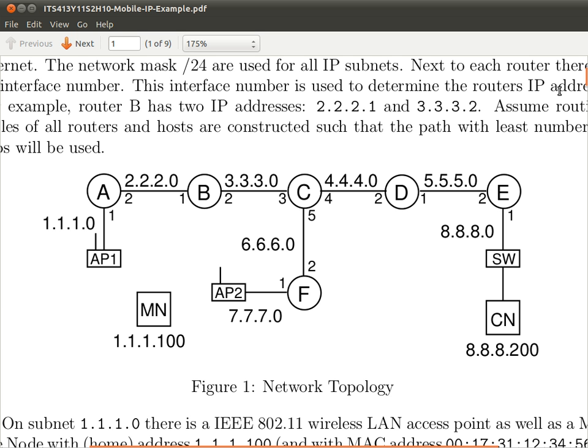It removes the outer header. So when the foreign agent receives this, it removes the outer header, since it was the destination, sees the inner header, and sees the destination, in fact, is 111.100, and uses its visitors list now.